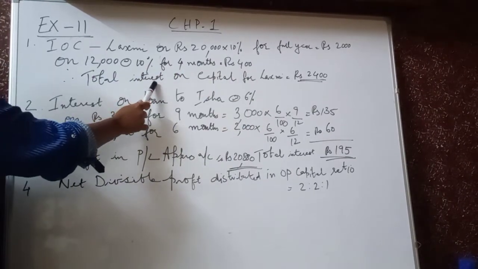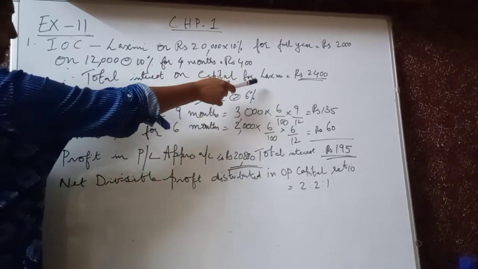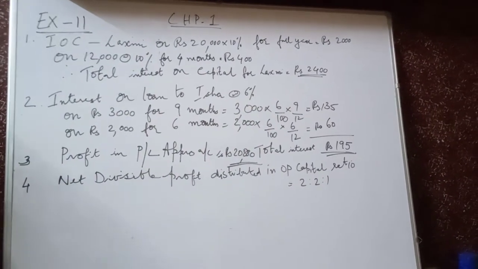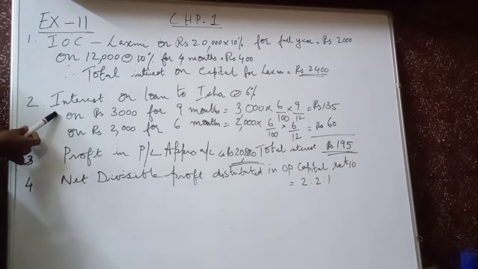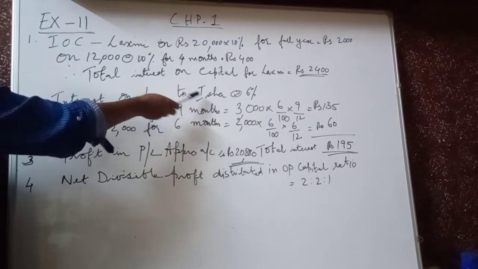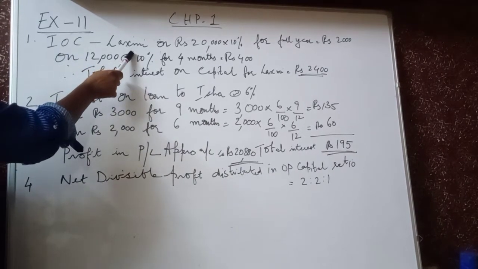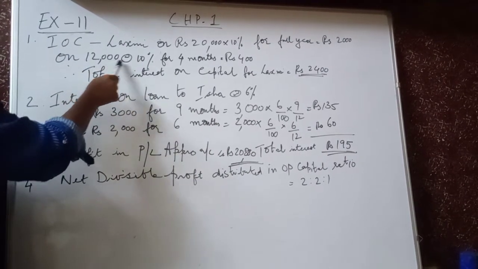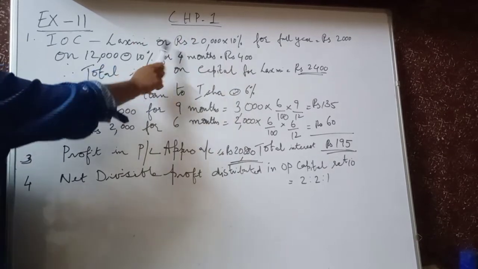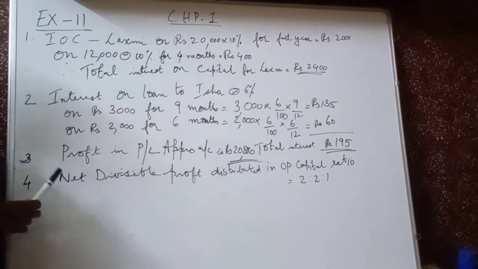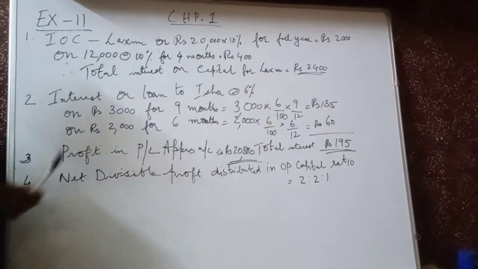So the total amount of interest on capital for Lakshmi is rupees 2,400. So here we saw the calculation for interest on loan for Isha, rupees 195. Interest on capital for Lakshmi on 12,000 for 4 months is 400. 20,000, 10% for the full year is 2,000, coming to the total of 2,400.